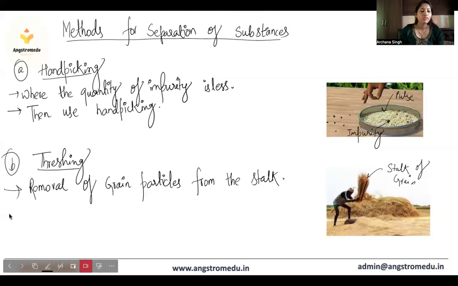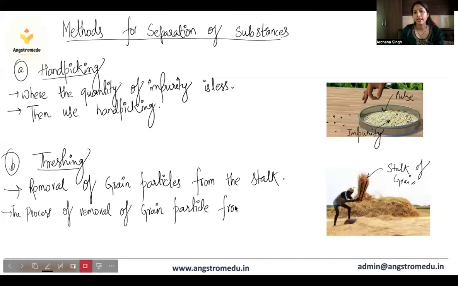So the process of removal of grain particles from the stalk is called threshing.